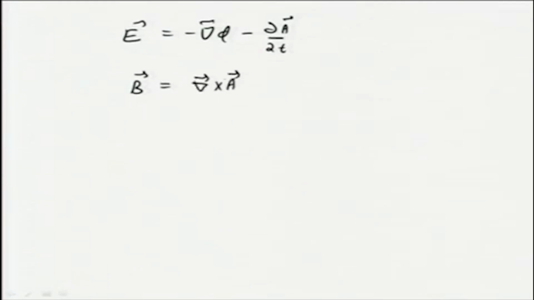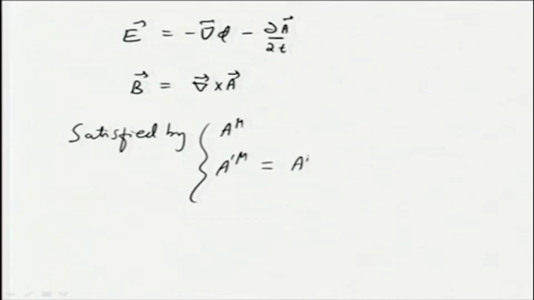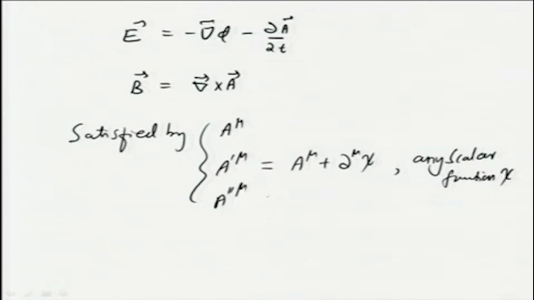Now, this says E is equal to minus del phi minus dou A over dou t, and B is equal to the curl of A, as satisfied by A mu or A prime mu, which is essentially equal to A mu plus dou mu chi for any scalar function chi, and A double prime mu, which is A prime mu plus dou mu lambda, where lambda is a scalar function such that dou mu dou mu lambda is equal to 0.